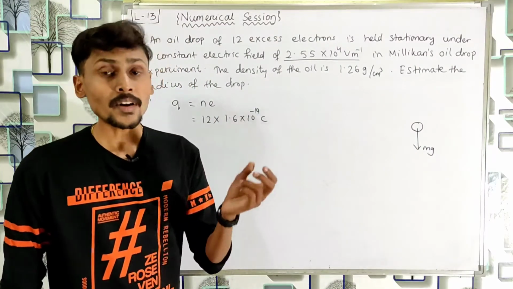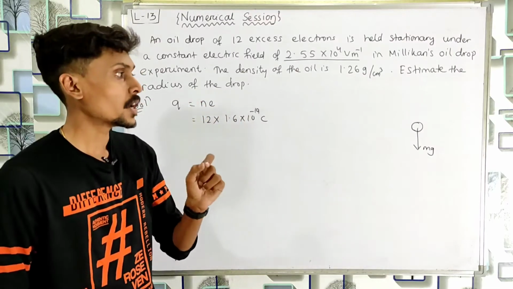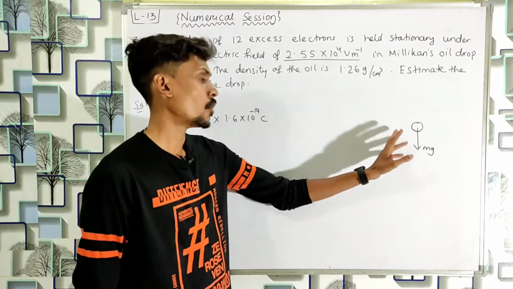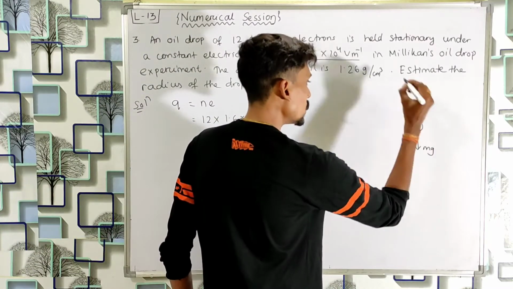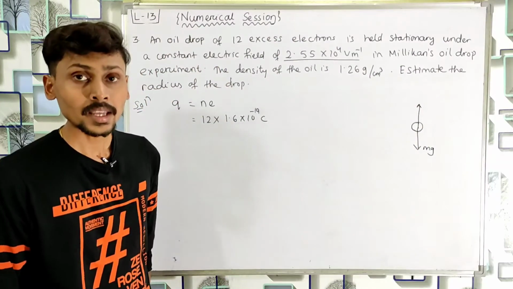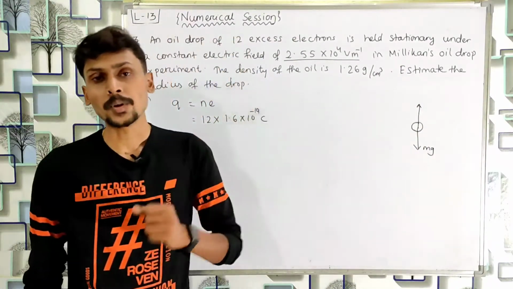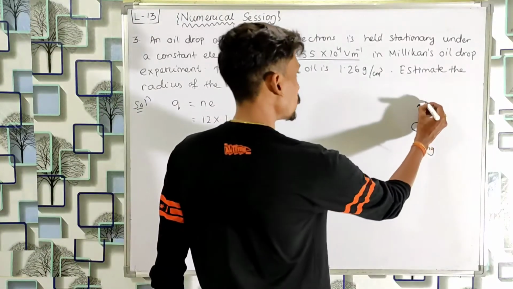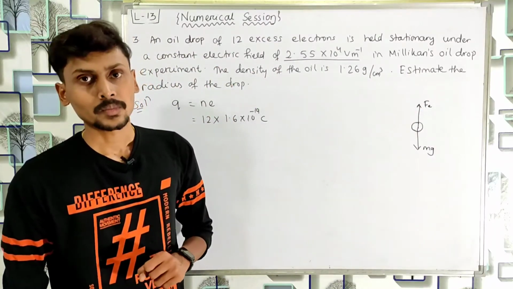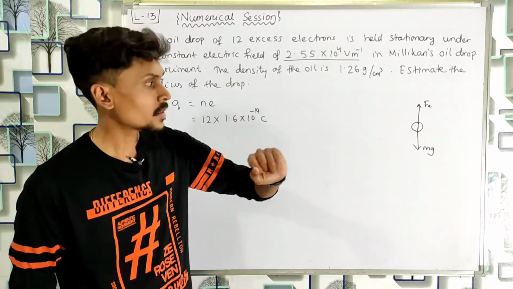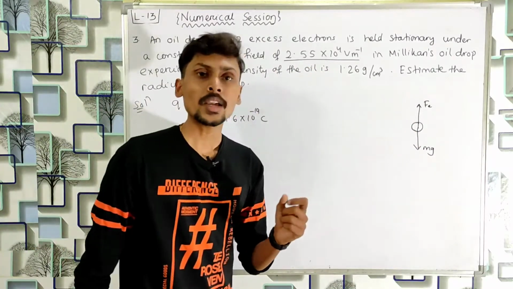But since we have an electric field, the electric field will exert an electric force on the oil drop, and if the electric force is in the opposite direction of the weight, then there is a chance that this oil drop will be in equilibrium. If the electric force Fe is equal in magnitude to the weight, then Fe and mg will cancel, and hence the oil drop will be in equilibrium.